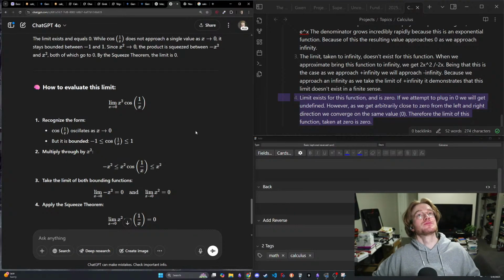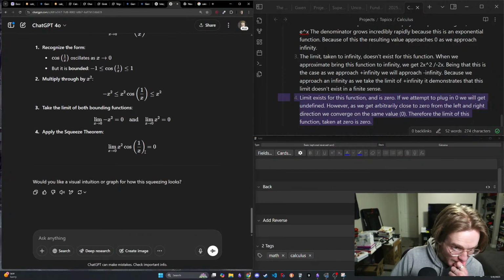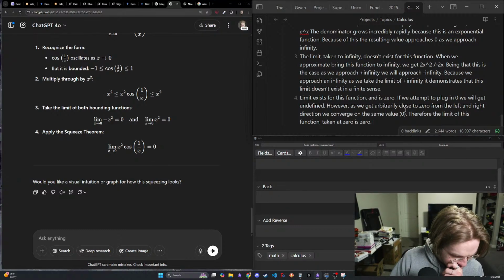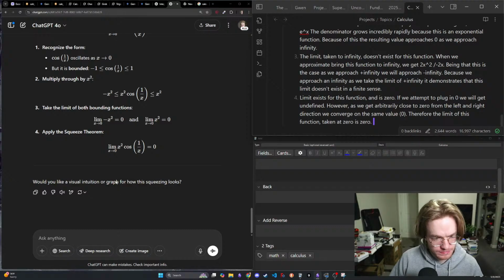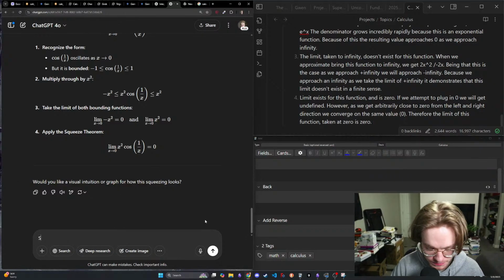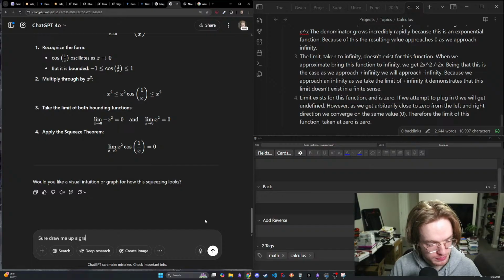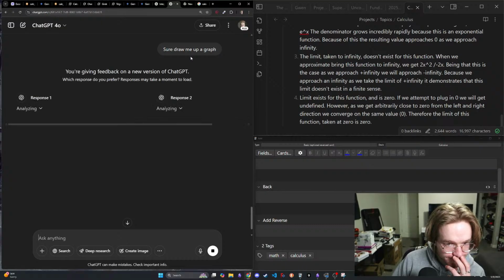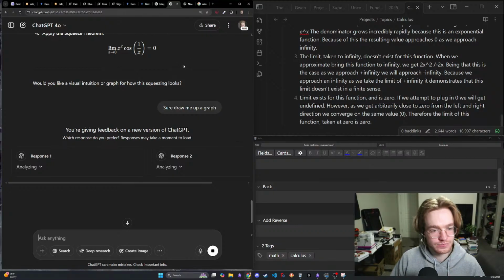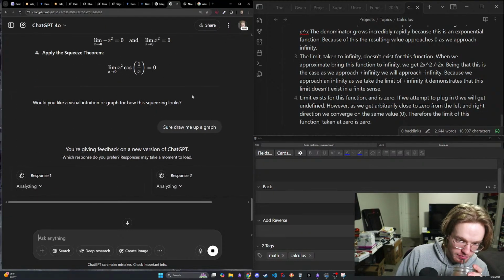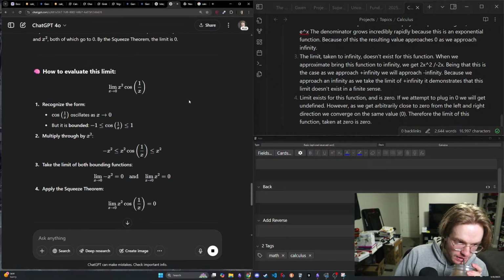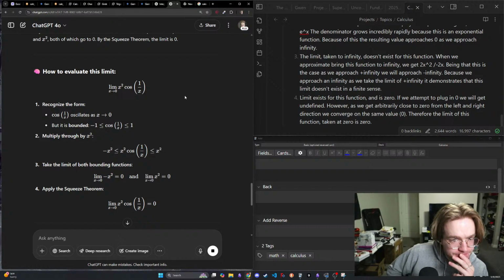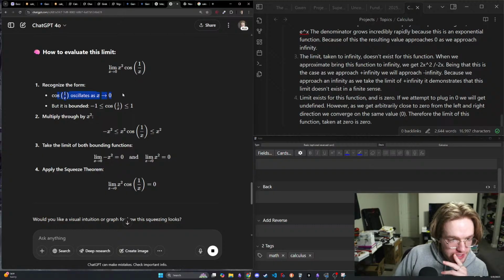Okay. Interesting. Recognize that it oscillates as x approaches 0, but is bounded.